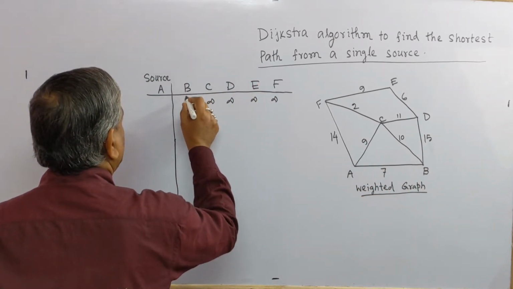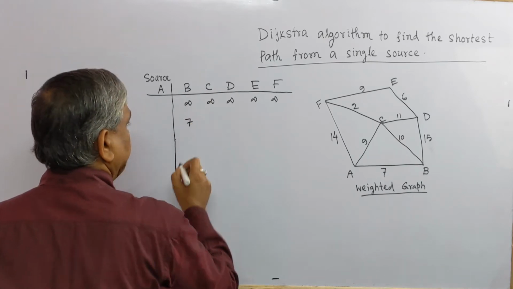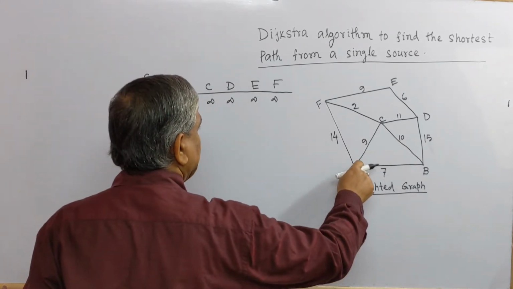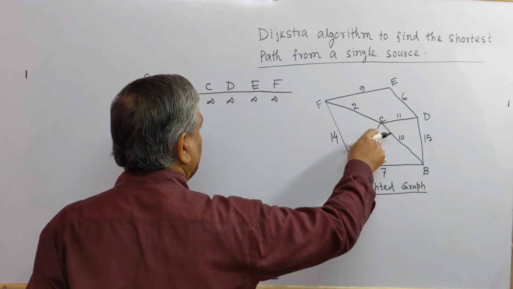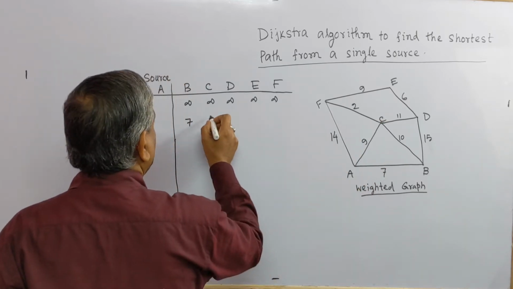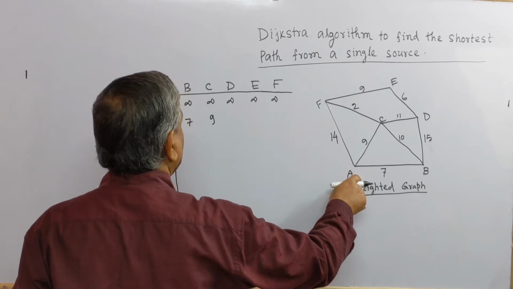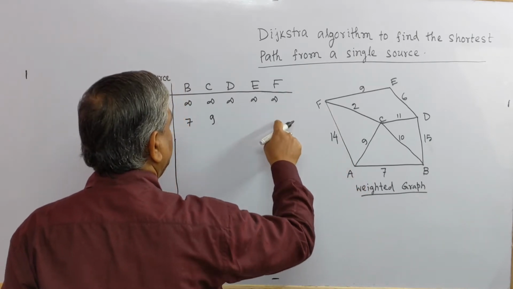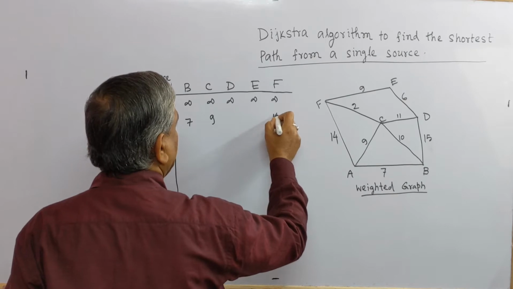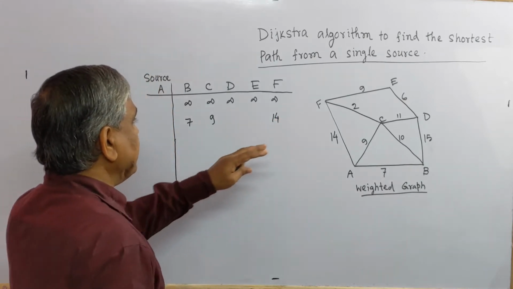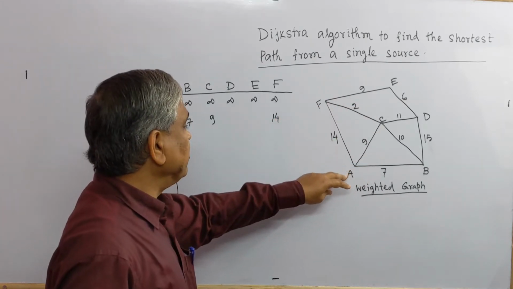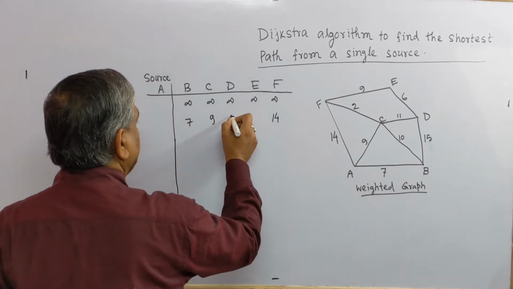Here under B we write 7. The shortest distance between A and C is 9. Shortest distance between A and F, here under F we write 14. Since other vertices are not adjacent to A, so here we write infinity.